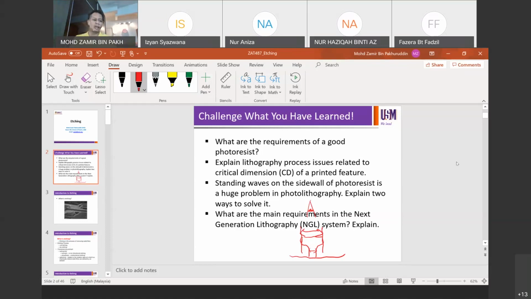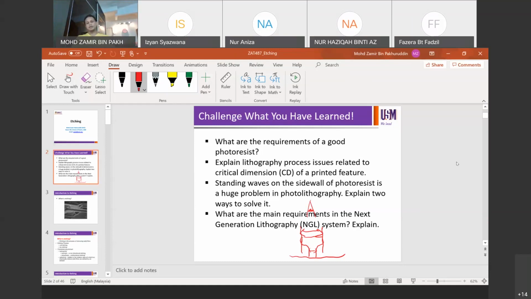Jenny, how do you solve standing wave? Come on. Two ways that we've discussed.